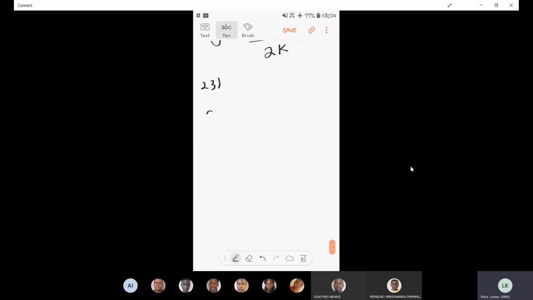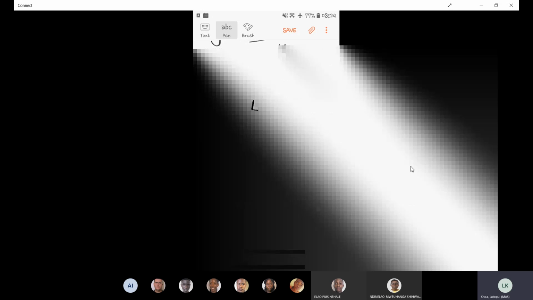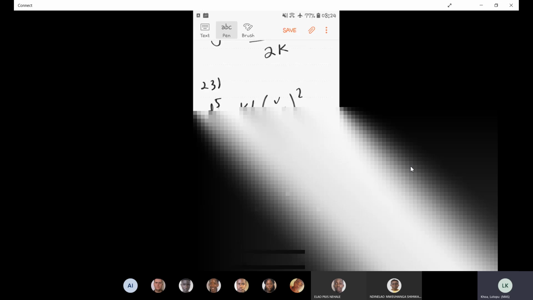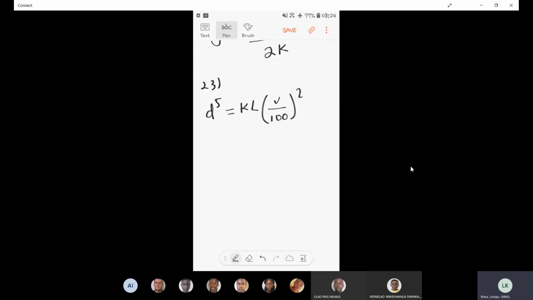Then we have d to the power of 5 is equal to KL, and then we have v over 100 squared. We have to make v the subject of the formula. So we can start by dividing by KL on both sides.